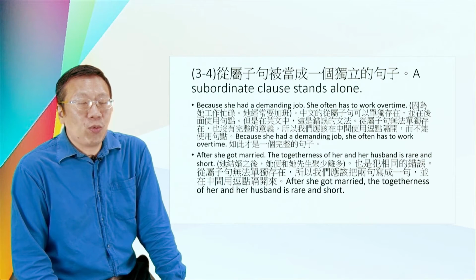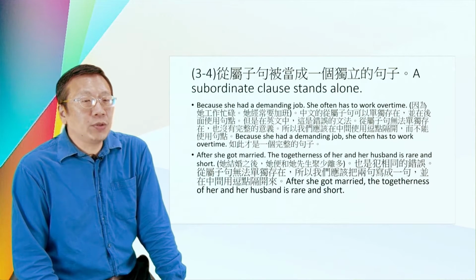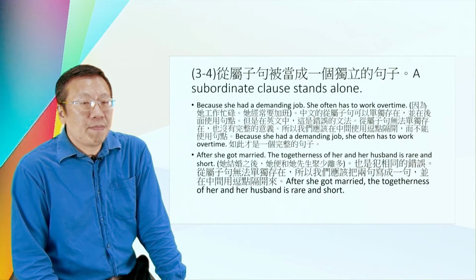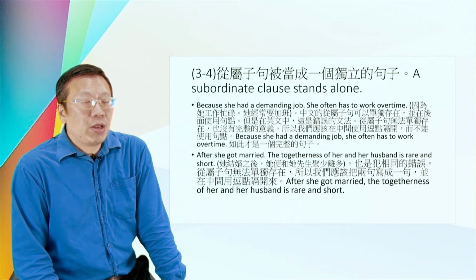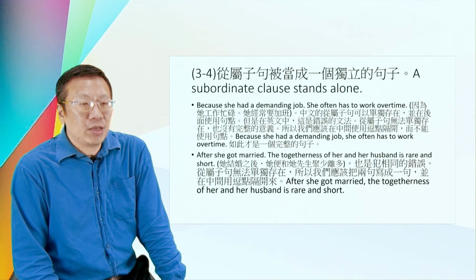She often has to work overtime. 因为她工作忙碌，她经常需要加班。中文的从属子句可以单独存在，并在后面使用句点，但是在英文中这是错误的文法。从属子句无法单独存在，也没有完整的意义，所以我们应该在中间使用逗点隔开，而不能使用句点。Because she had a demanding job, she often has to work overtime. 如此才是一个完整的句子。After she got married.